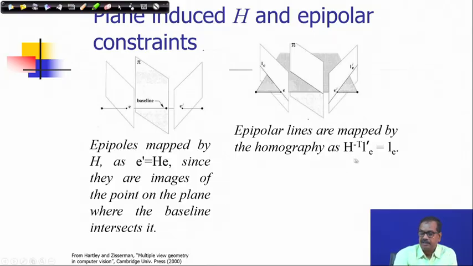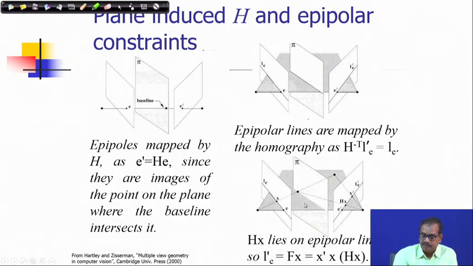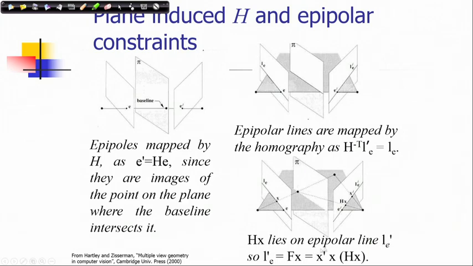So, this is satisfied for any pair of epipolar lines. And H x lies on the epipolar line L E prime. That is another constraint that has been shown.